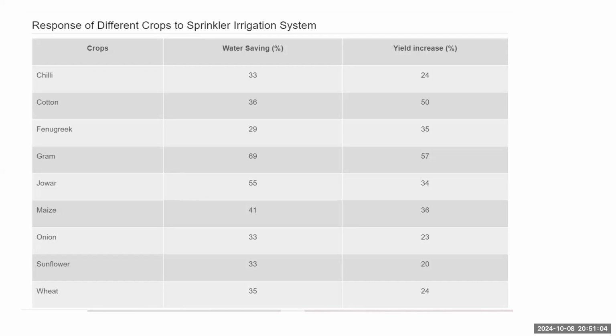In the case of cotton, yield is increased by 50%, in the case of jowar, 34%, and in the case of wheat, 24%. So this is the advantage of the sprinkler irrigation system. It saves costly irrigation water, and at the same time it increases the yield of the crop.